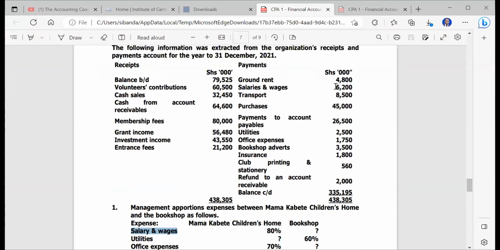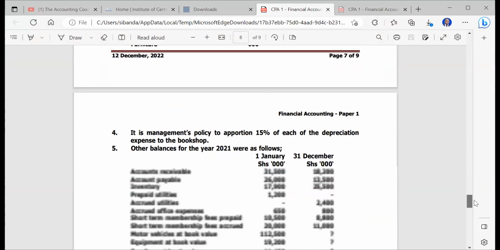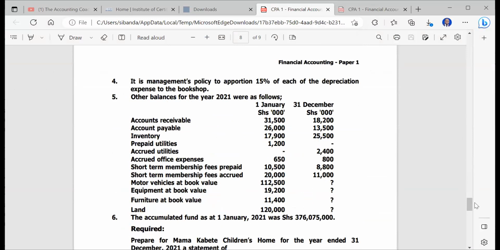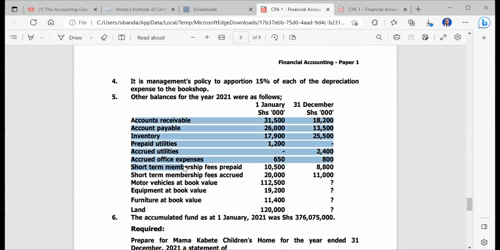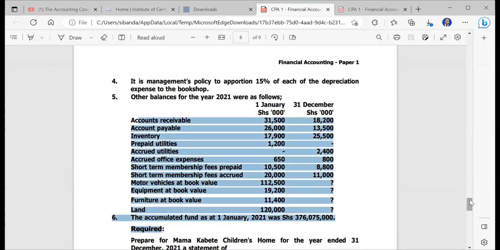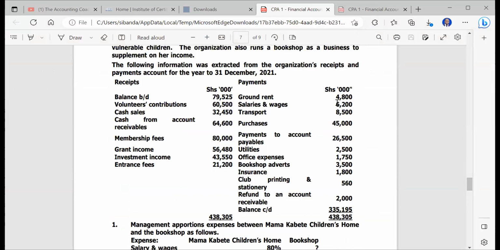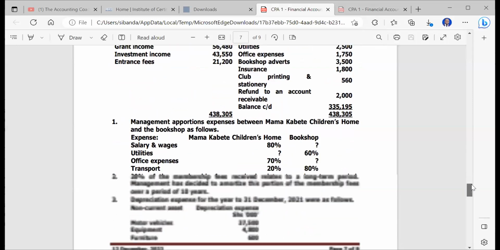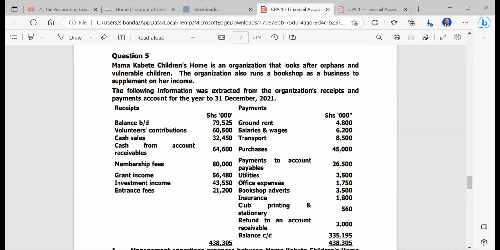So they have given me 6,200. But I know that this was what was paid. Now the question will be, are there any salaries and wages that were not paid? If there are any, I would have had either prepaid salaries or salaries accrued in this information. So if this is the only salaries information that I have, it means that these are the only salaries that we have. So for the bookshop, remember it is 20% times 6,200.